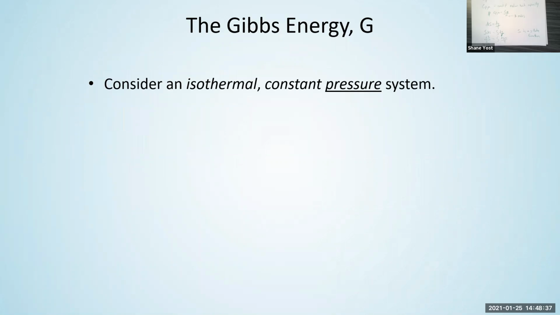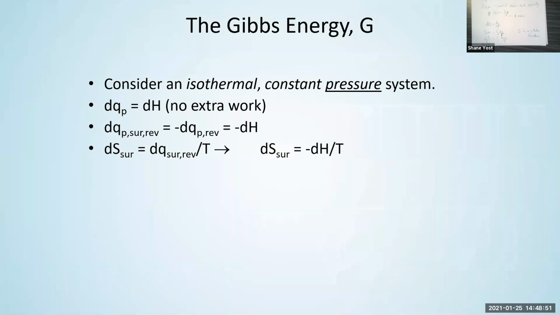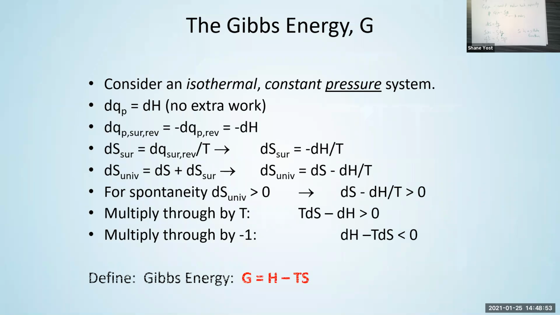So if I consider some sort of constant temperature, constant pressure system, like most chemical reactions are, most chemical reactions are done under constant pressure, constant temperature conditions. Then I can go through, and I'm going to cut to the end here, but basically what I can do is relate the entropy change of the universe to two things in the system, the entropy of the system and the enthalpy of the system.